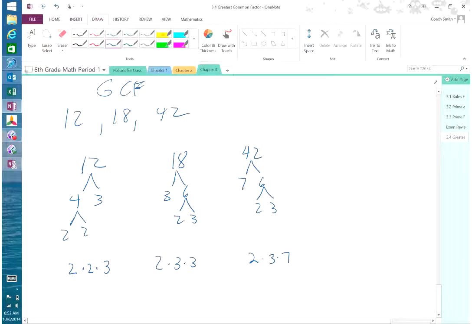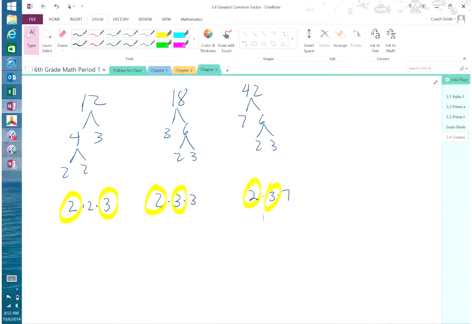Well, common, common, and common. They have to be in common with all three prime factorizations. So, 2, 3. This one's not in common. Those three are not in common, so I can't use them.